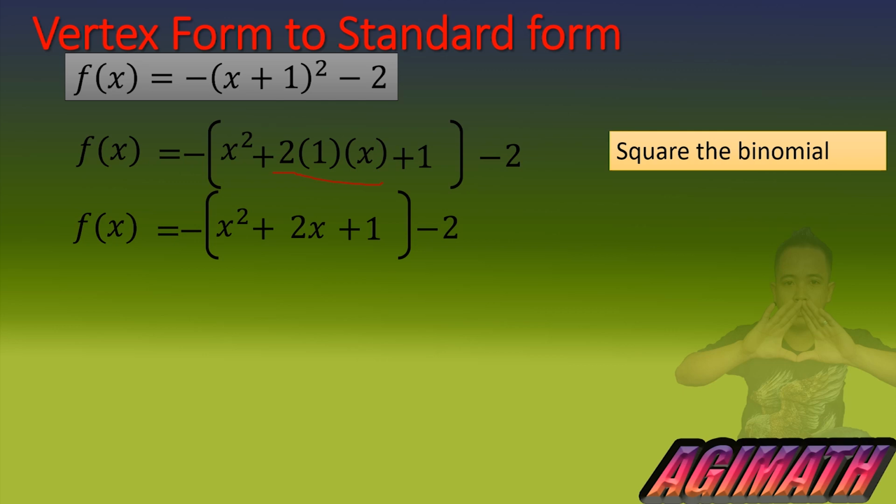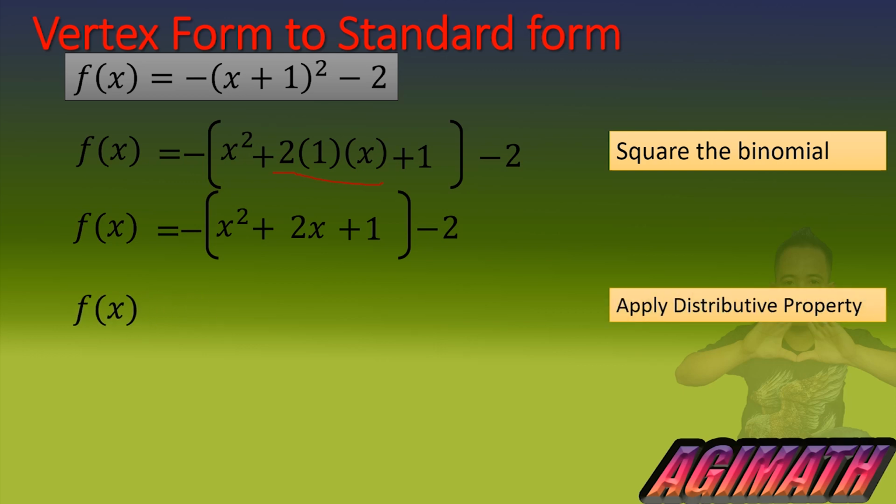In this case, it's very possible because the value of a is not 1 but negative 1. We will not do distributing if the value of a is 1 because that is useless. But if it's negative 1, we need to apply the distributive property. So f of x equals negative times positive x squared is negative x squared. Negative times positive 2x is negative 2x. And negative 1 times positive 1 is equal to negative 1.